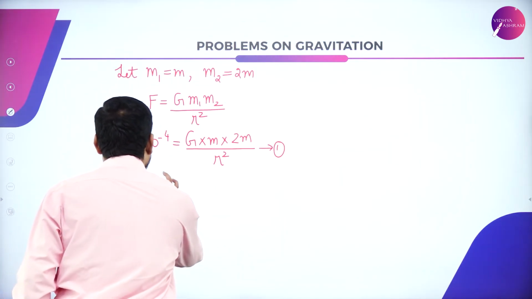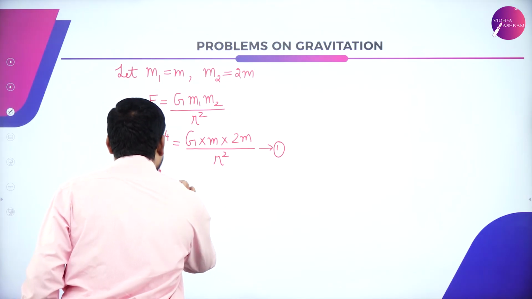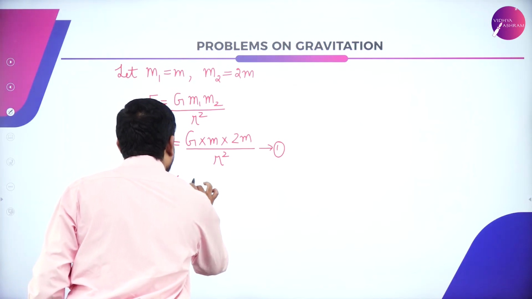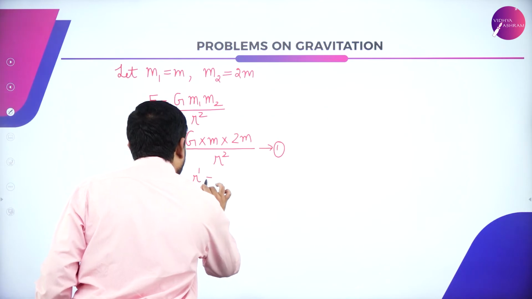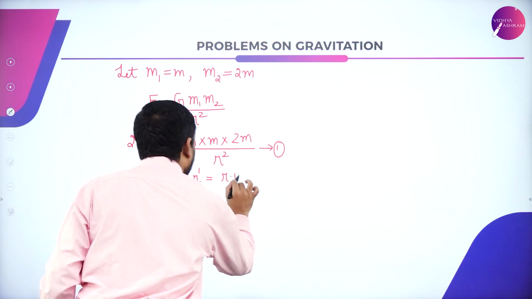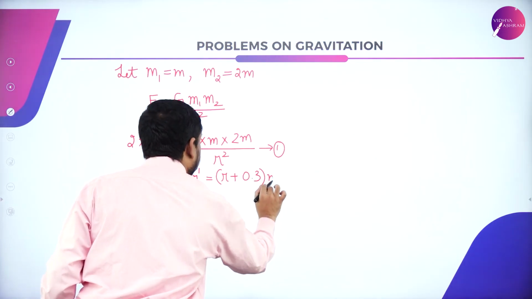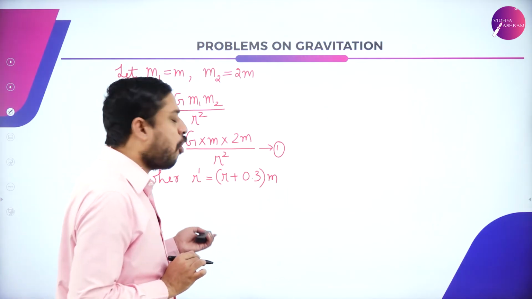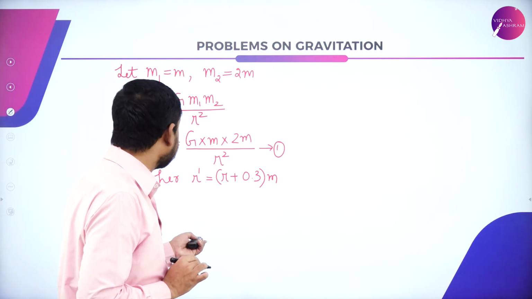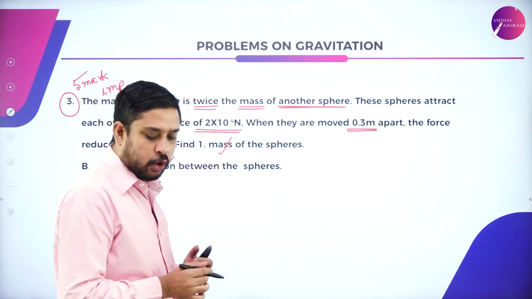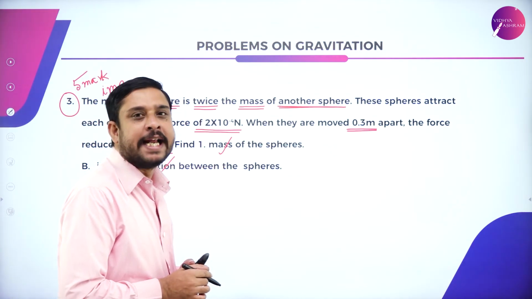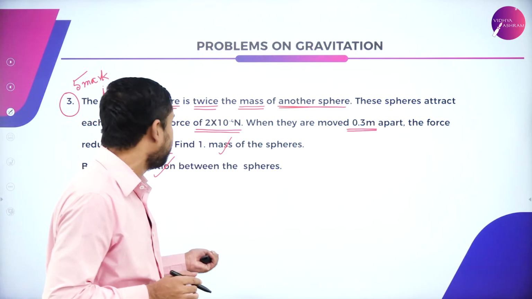That is, when R dash now is R plus 0.3 meter, the force has reduced to 5 into 10 power minus 5 Newton.